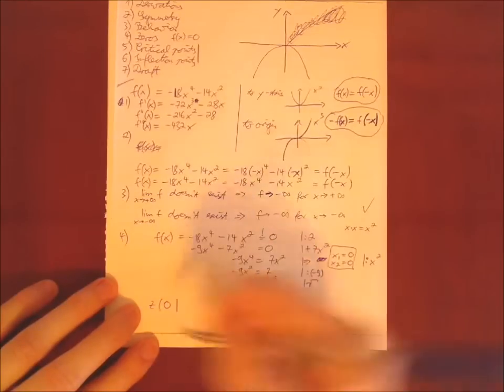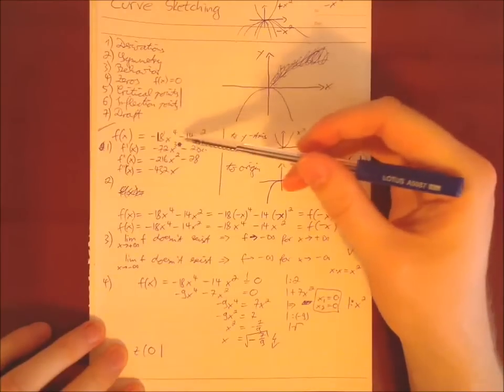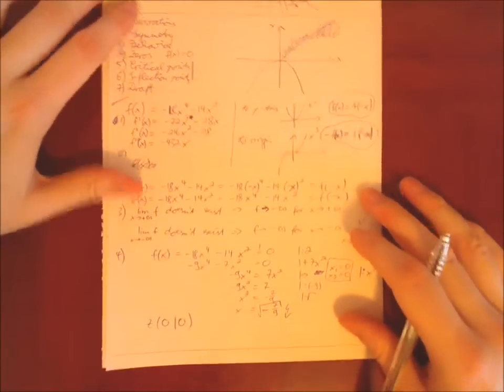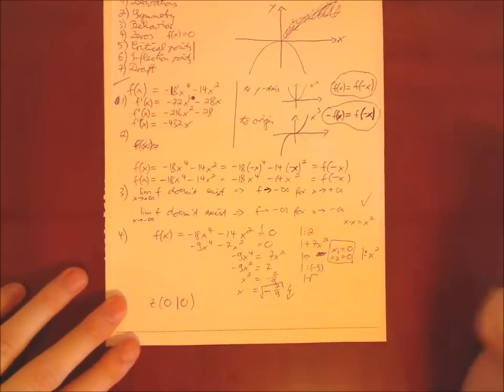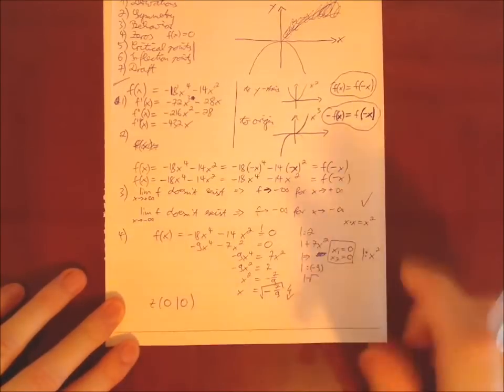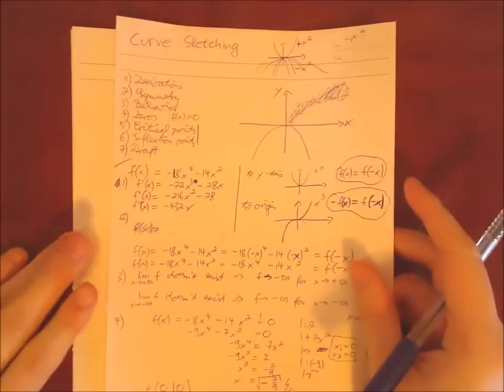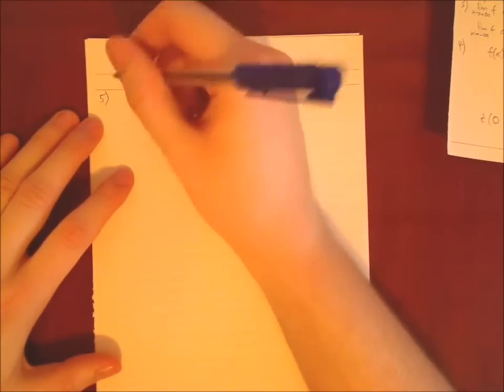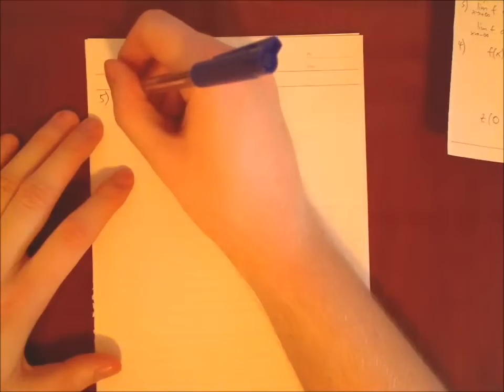If we put 0 in our function, we see, okay, we also have 0. So (0, 0) is a zero. Okay, these are the zeros. And so we keep everything in mind from this page, and we just continue with the critical points.